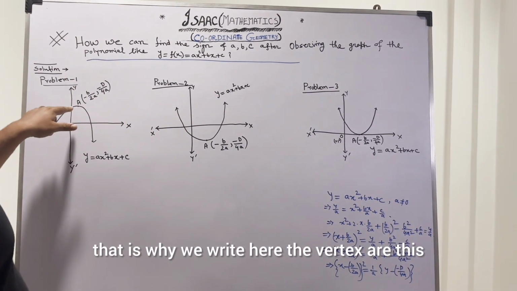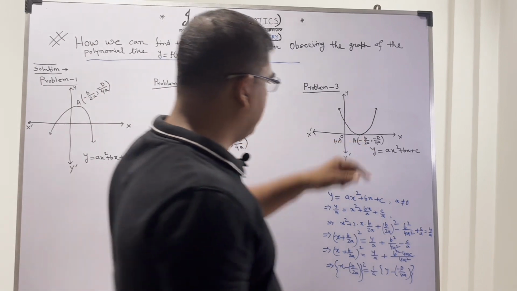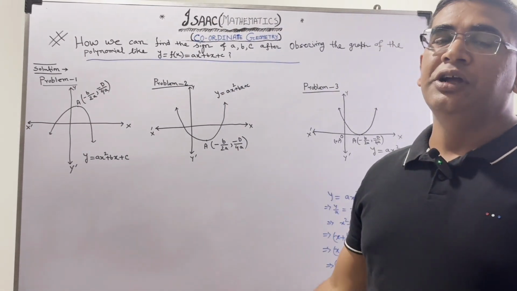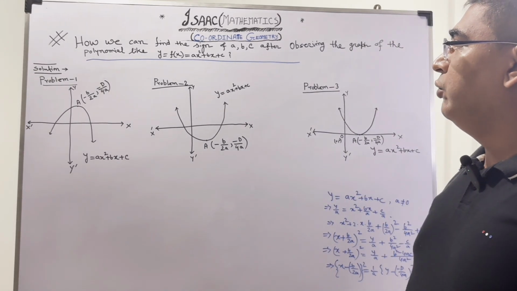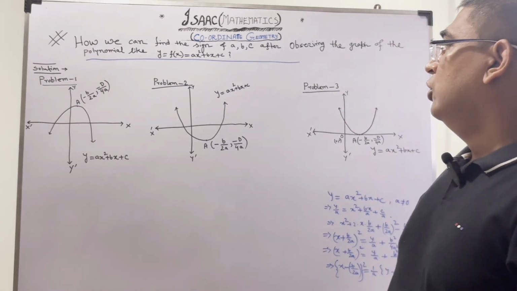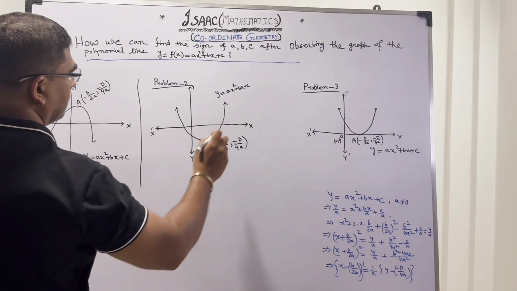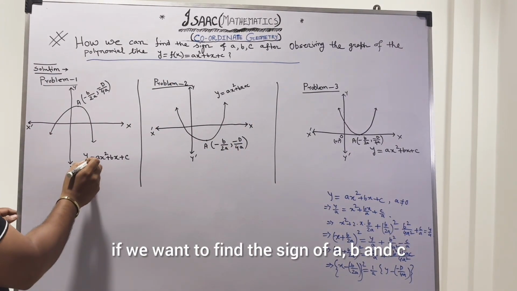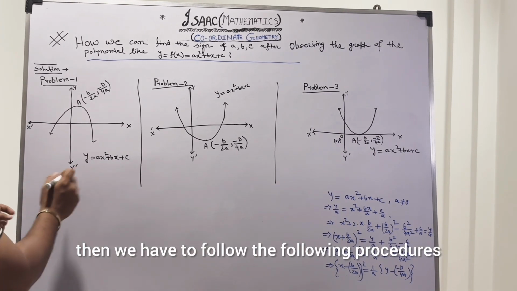That is why we write here that the vertex is this. For individual parabolas, the vertex is represented by minus b by 2a comma minus capital D by 4a. Okay. So for this problem 1, if we want to find the sign of a, b and c, then we have to follow the following procedures.